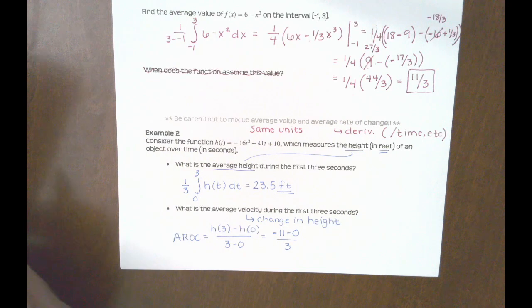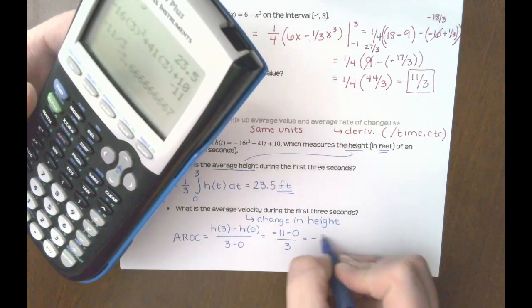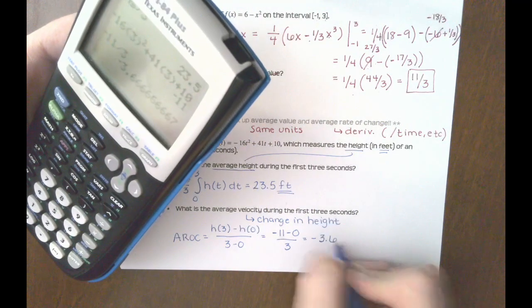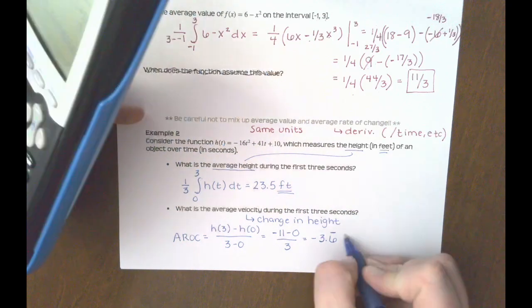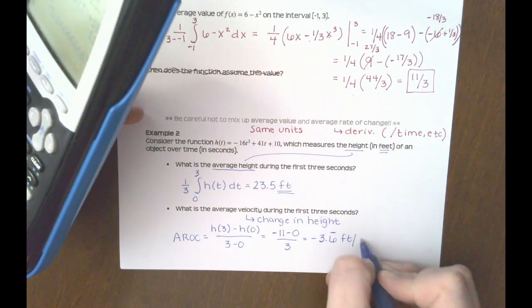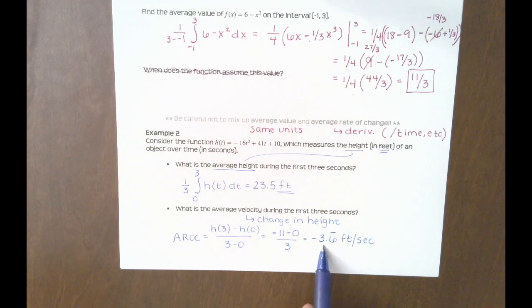And negative 11 divided by 3. And we end up with negative 3.6 repeating. And that would be feet per second. Okay, and this number does make sense as a negative.